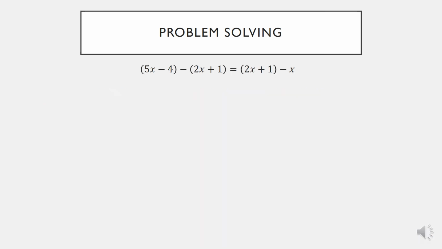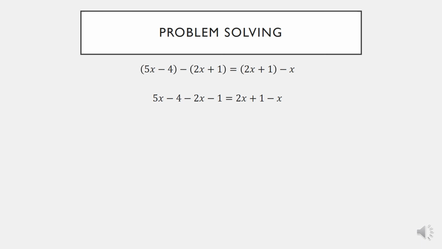So this is brought over from the previous slide. So notice I use brackets around each of the terms. You'll see why so in the next line. So they don't really have a function at the beginning with the 5x minus 4, but when you take away T2, you have to take away 2x, but also you must take away the 1.